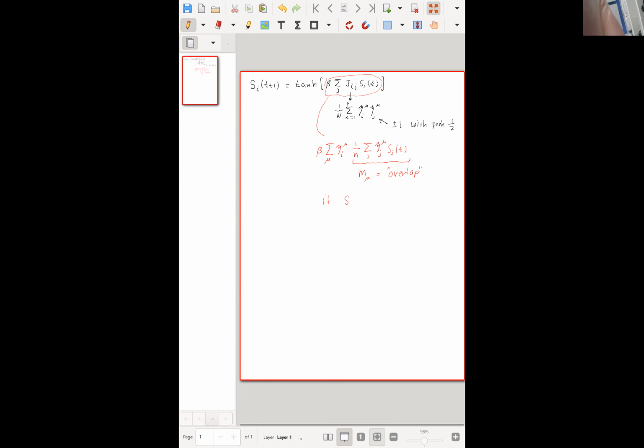And if S_j of t is mainly equal to eta_j^mu, then m^mu is close to 1. So it really tells you how close we are to these memories. Sometimes I just call the eta_j's the memories. And remember, the rest of the brain has learned what these are and can interpret them.